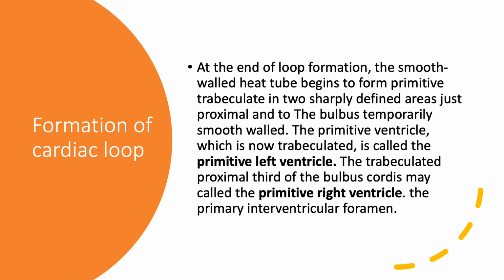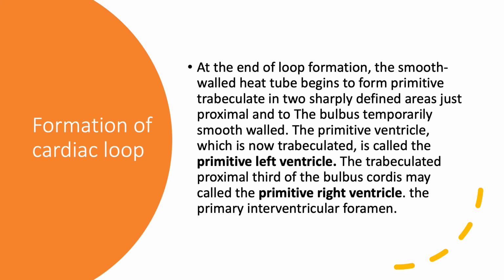So the left ventricle is from the primitive ventricle, while the right ventricle is from the proximal third of the bulbus cordis. And the primary interventricular foramen is now formed.